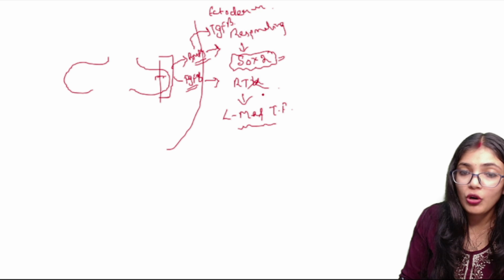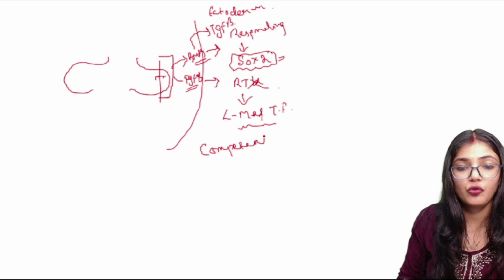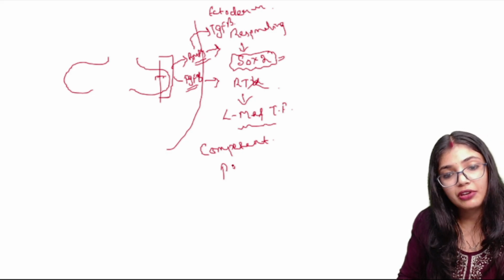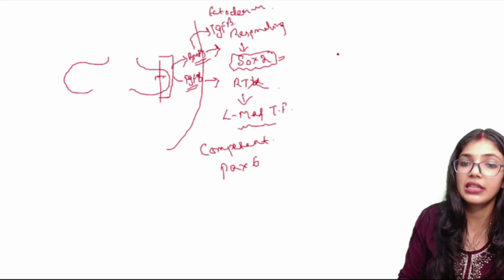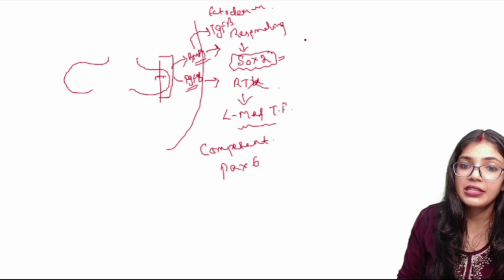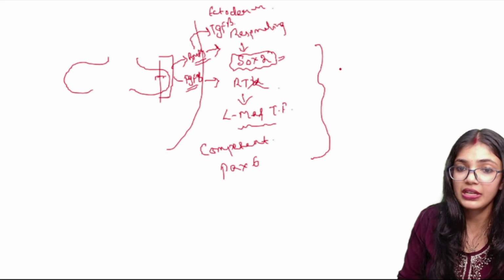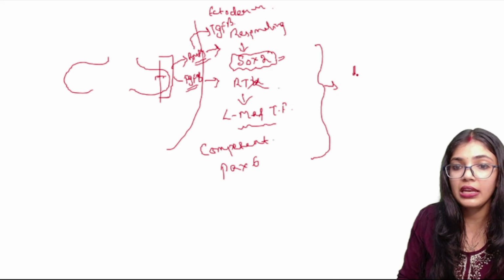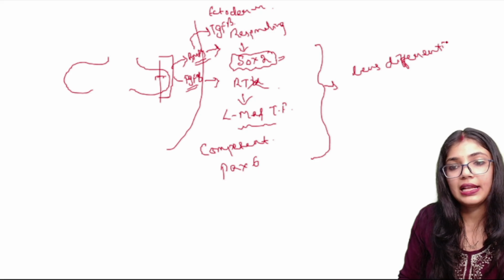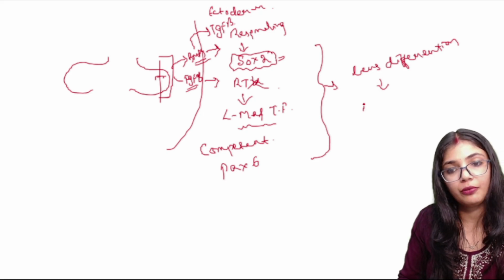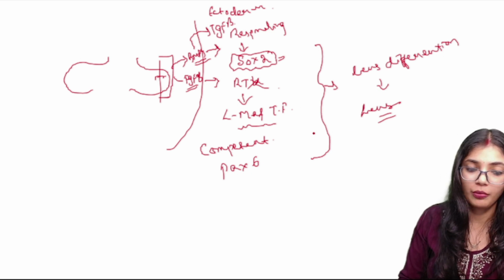Because this ectoderm is now competent, as it has one factor known as PAX6. That is the reason it is competent. Now SOX2, L-MAF and PAX6, these three will help in lens differentiation and in the formation of the lens. This is how the lens is formed.